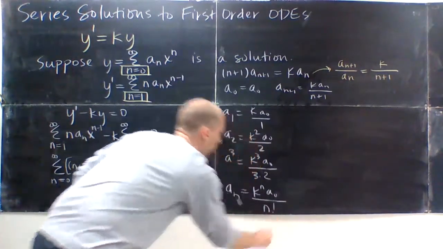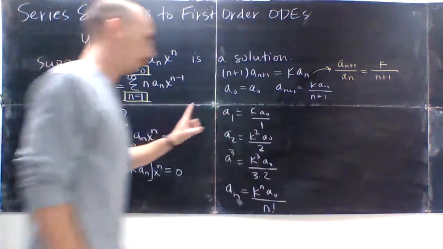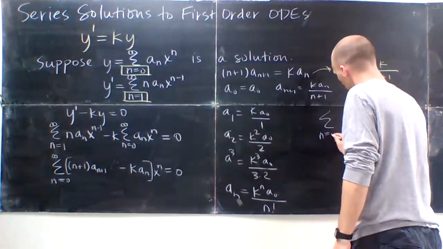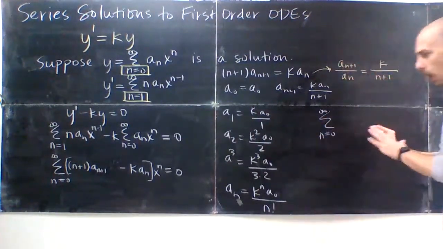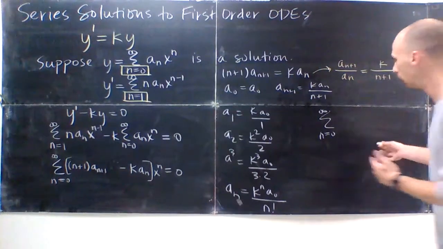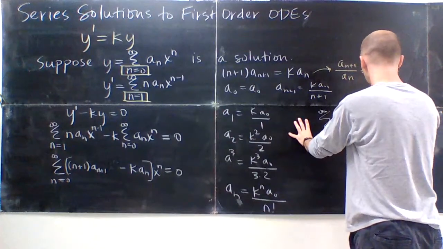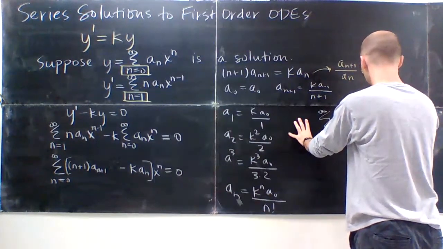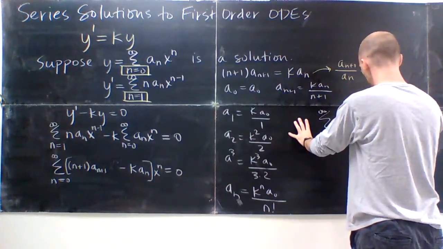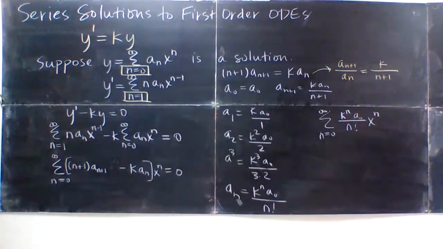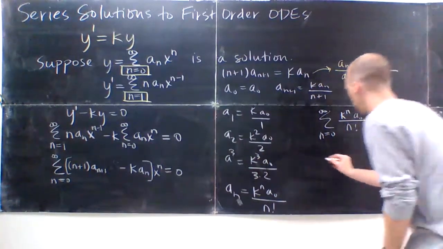Okay? And so what I've got here is the sum as n runs from 0 to infinity for y is a n x to the n, right? So I've got k to the n times a0 divided by n factorial x to the n. And maybe this is just not looking quite right to you, so I'll rewrite this.